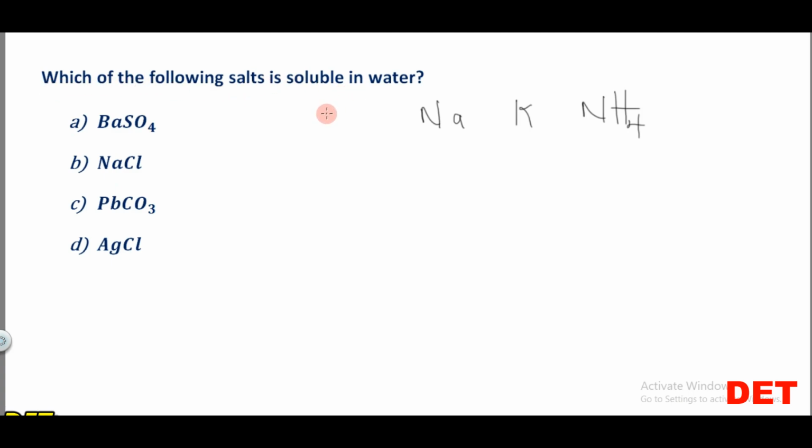So you are looking for the one that is soluble in water. Once you see sodium, potassium, or ammonium, pick that option.